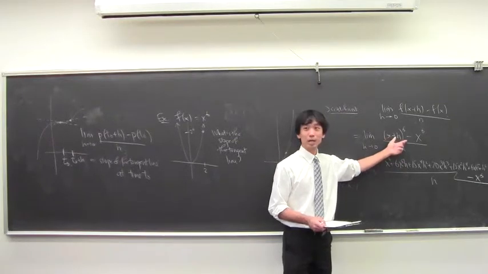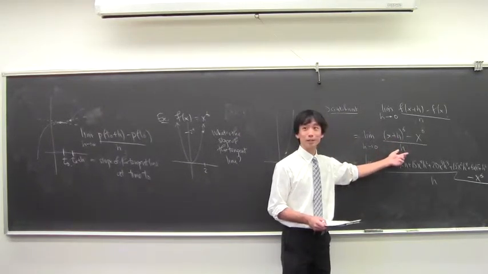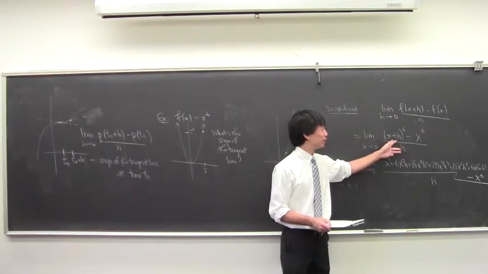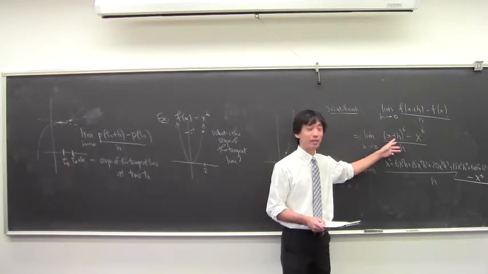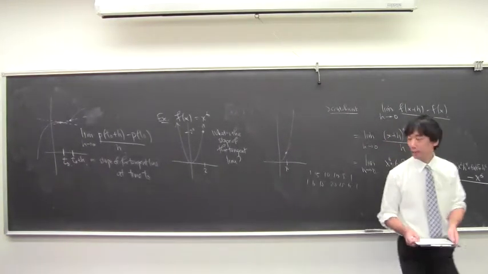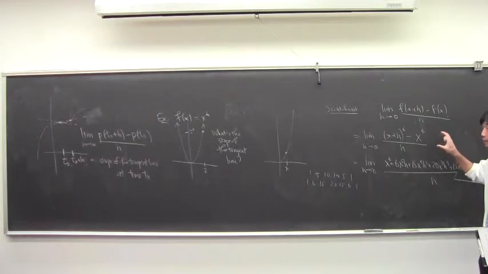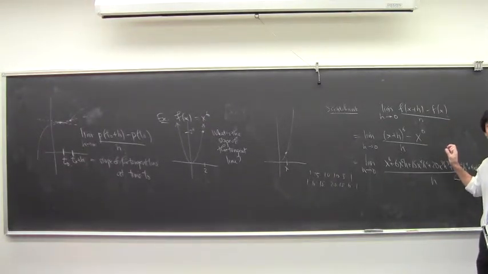So you get 0 on the top, and then you get 0 on the bottom. Yeah, you could say it, but you run into problems if you start thinking like that. It's not exactly what happens. So let's see exactly what happens.